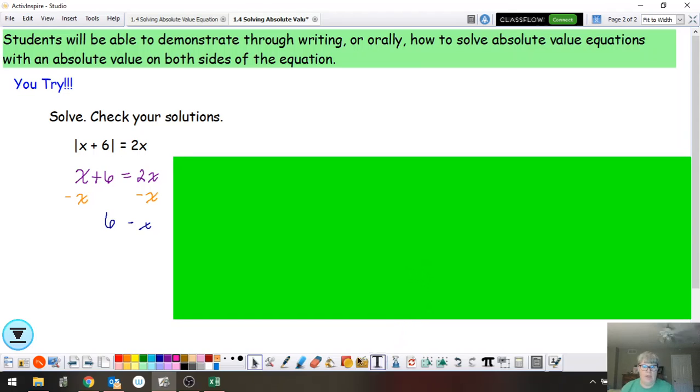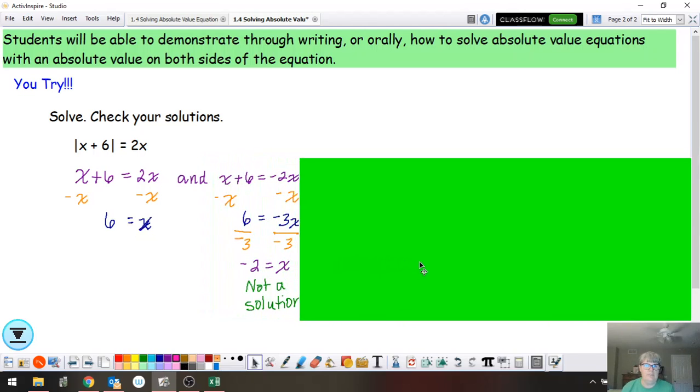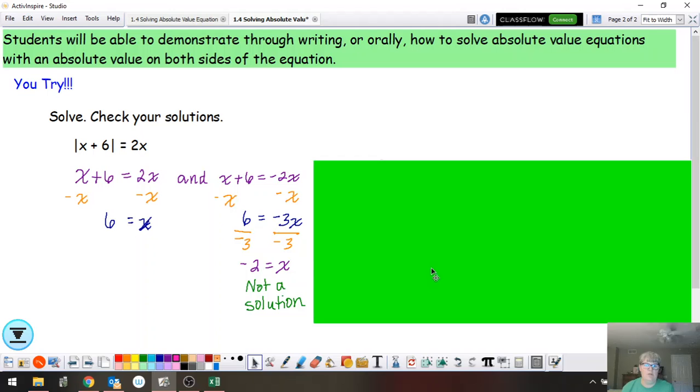And we should have x equals 6. And then you should have also written x plus 6 equals negative 2x and solved. And I already indicate that x equals negative 2 is not a solution.